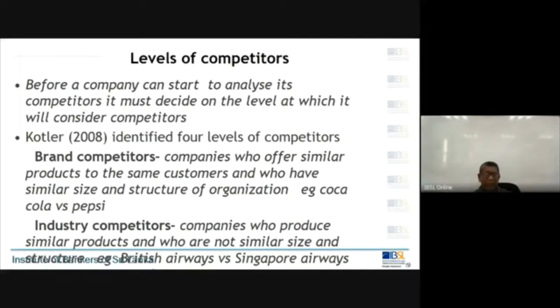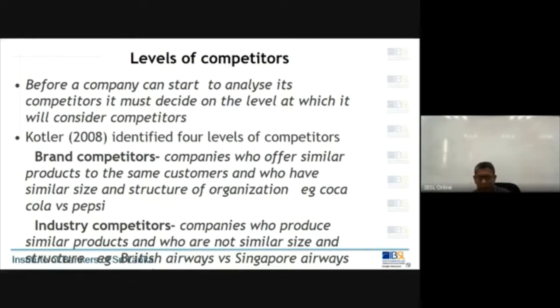And Kotler has identified four types of competitors. Competitors who provide similar products. Then industry competitors, like British Airways and Singapore Airways, are competitive in the industry.